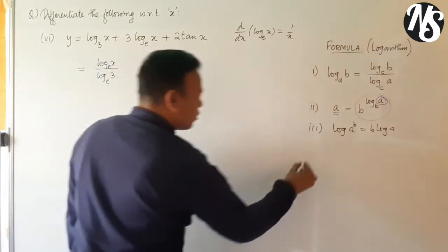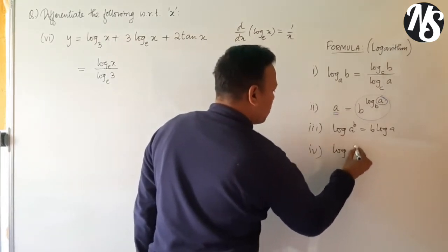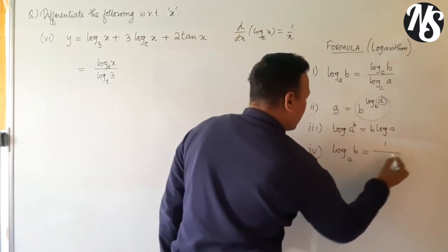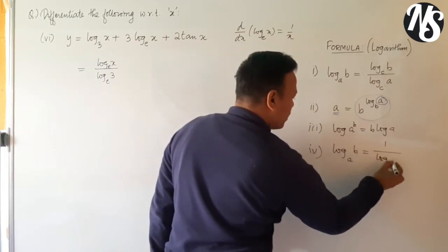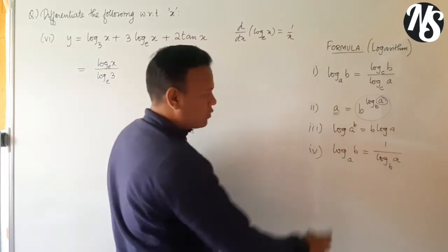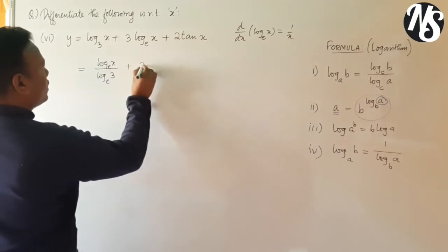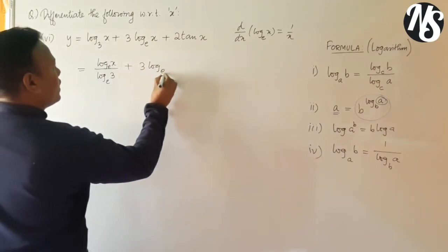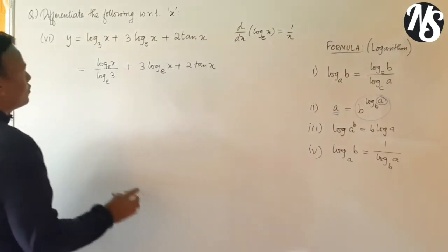One more formula you can notice: log of a to the base b can be written as 1 by log of b to the base a, so b will become the number and a will become the base. So this is also one formula. So this is plus 3 log x plus 2 tan x. Okay, so that's what we have got now.